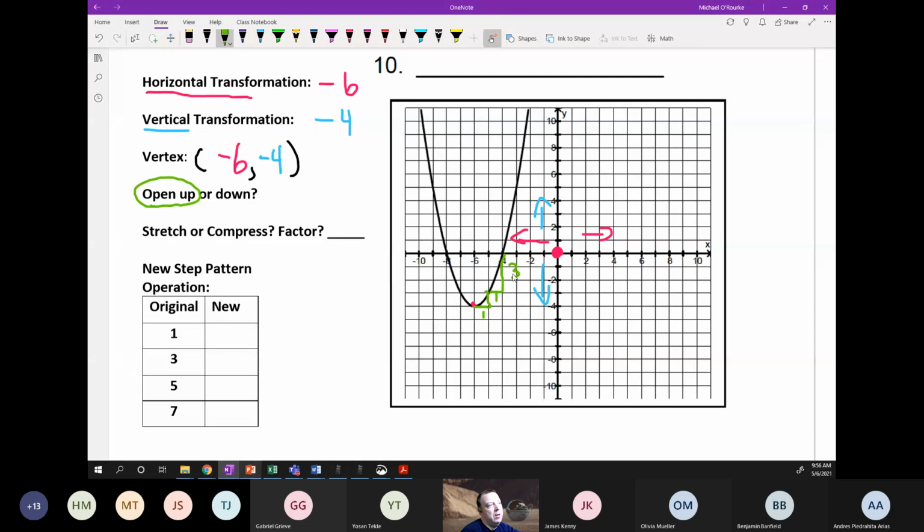So if our step pattern is 1, 3, 5, is that our original step pattern or a new one? I counted: over 1, up 1, over 1, up 3, over 1, up 5. That's the same, right? So my step pattern didn't change, or I have to times it by 1 to get that. Does that make sense how I just figured that out? Yes or no?